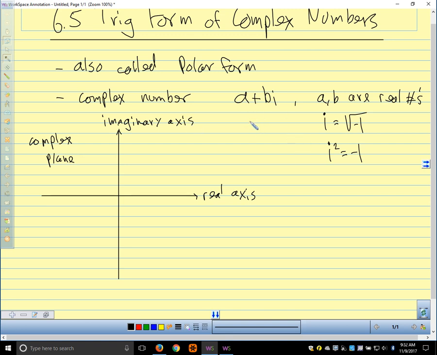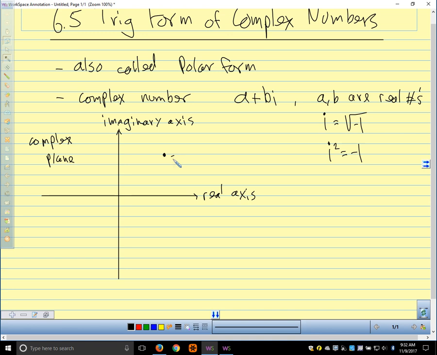So this complex number, a plus bi, is telling us to go a units in the real direction and b units in the imaginary direction. So we think of this like the x-axis. This tells us how far to go in the x direction, and the b tells us how far to go in the y direction.